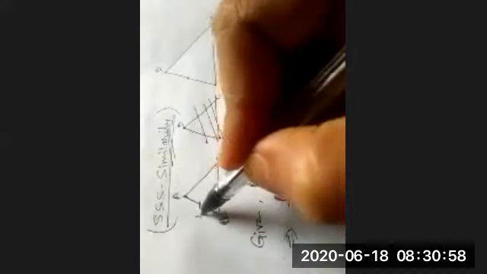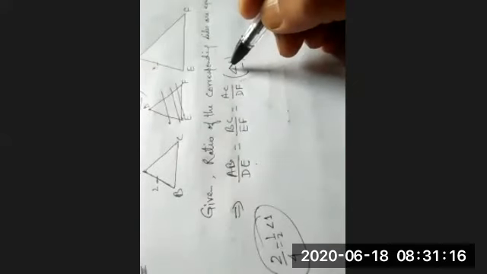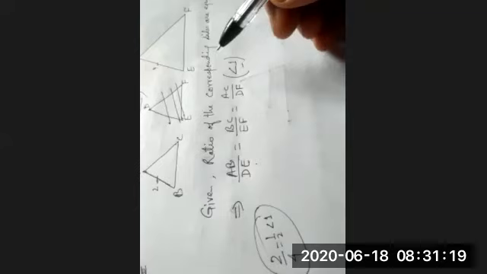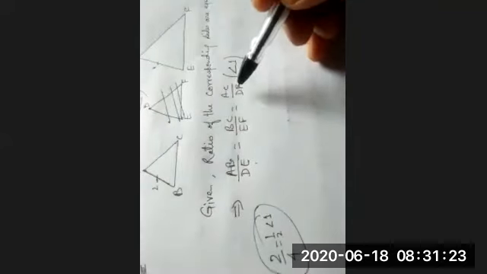Suppose this is 2 centimeter, this is 4 centimeter. So we have written just 2 by 4, which means 1 by 2. It is less than 1 or not? Yes. That's why the ratio is taken as less than 1. And if you write DE by AB equal to EF by BC or equal to DF by AC, then it will be greater than 1.